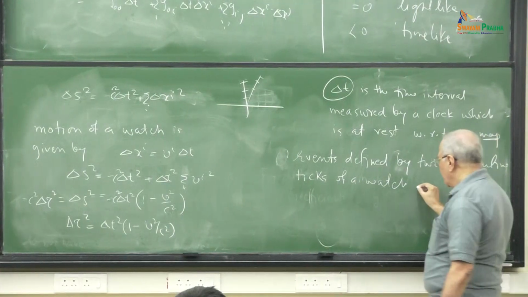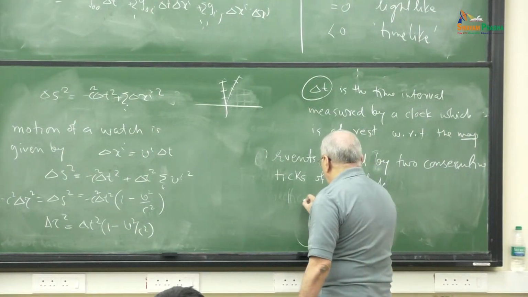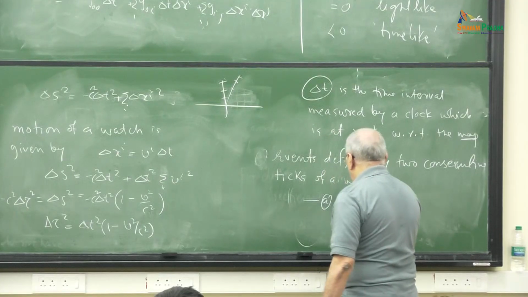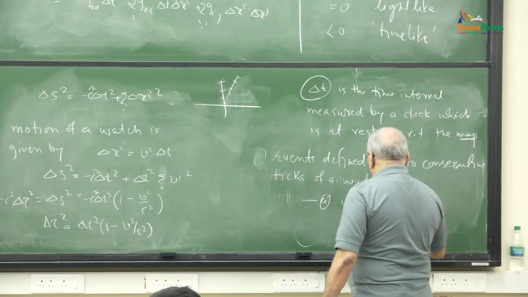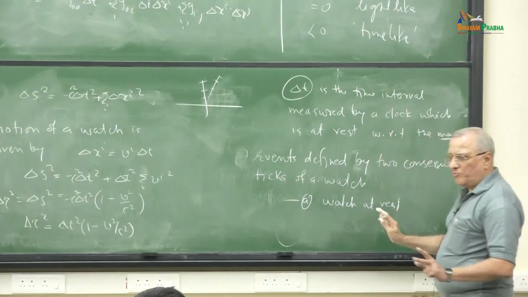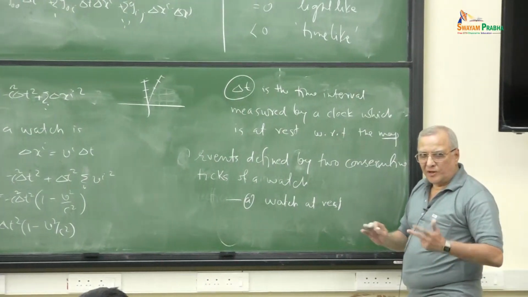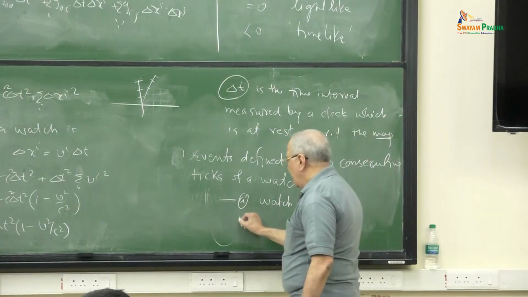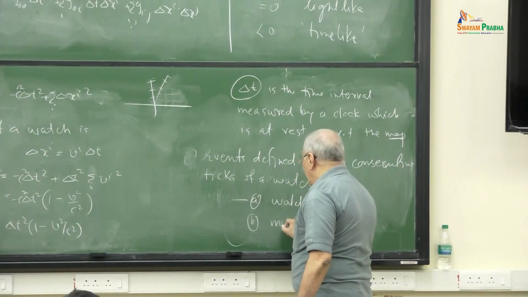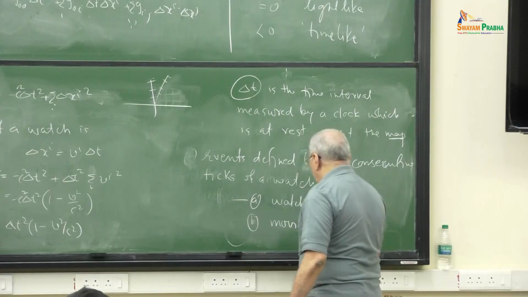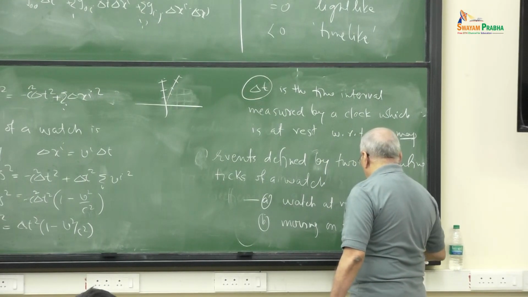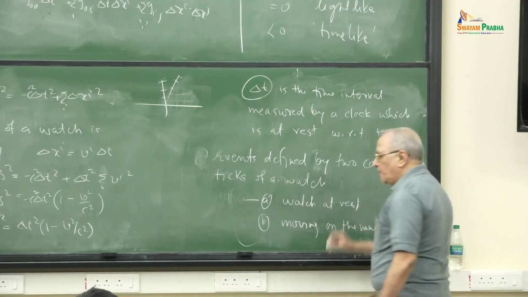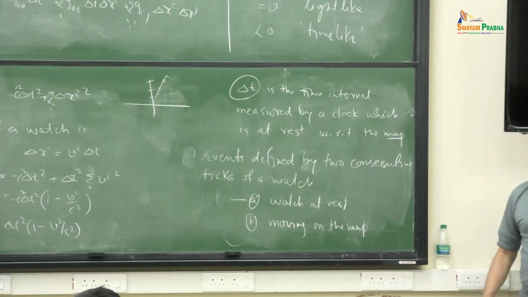There are two cases here. A, watch at rest, always with respect to the map. So the reference I am talking about is always the map. And B, moving on the map, moving with relative uniform velocity. I am considering two separate cases.